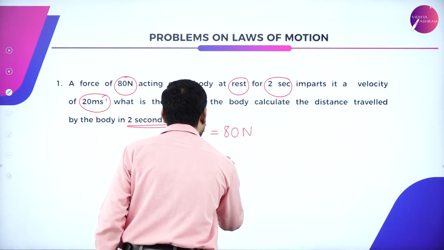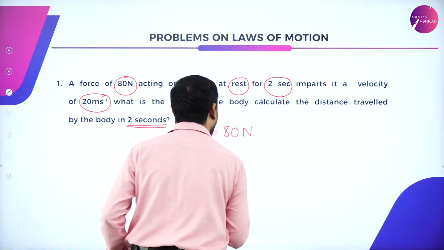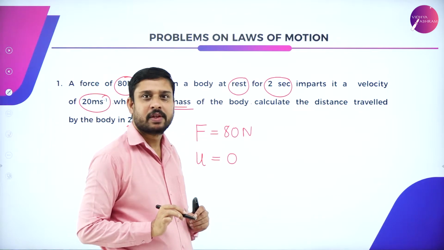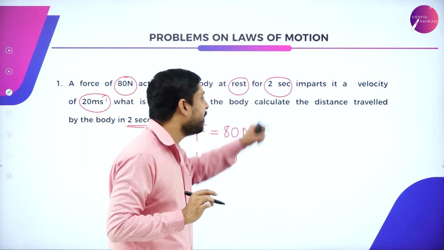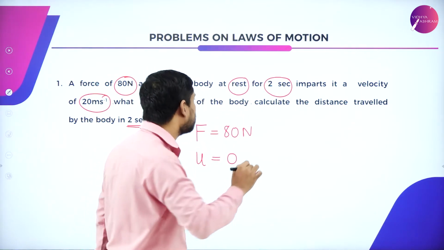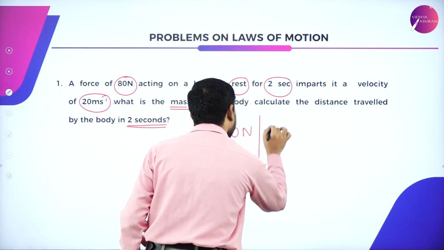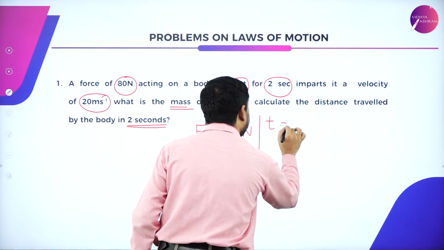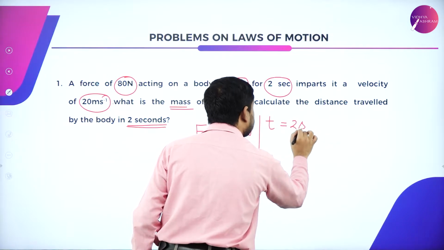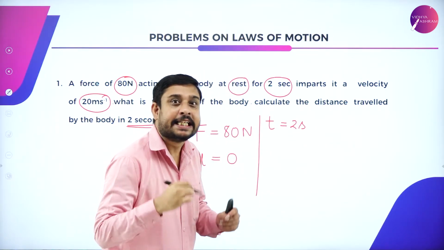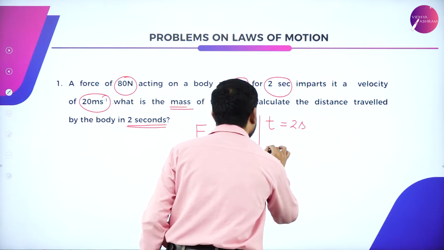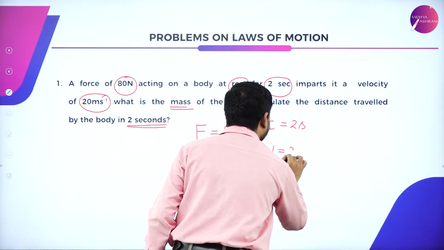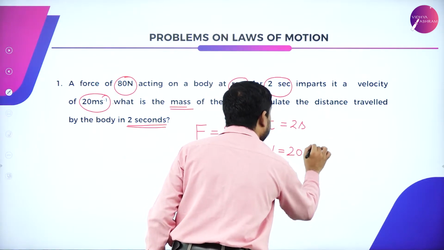Initial velocity of the body is 0. And it acts for a time interval of 2 seconds, and gives a velocity of 20 meters per second.